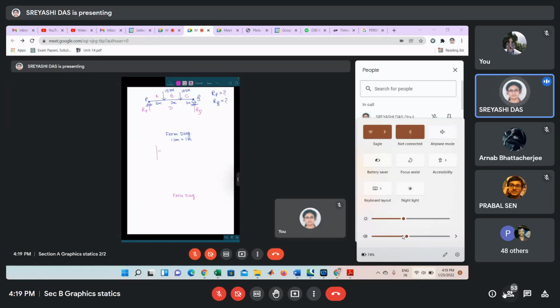So suppose this is 15 kilonewton, this is small a, small b. And BC denotes 10 kilonewton. Here you can take the scale as 1 centimeter equal to 5 kilonewton, and draw accordingly.